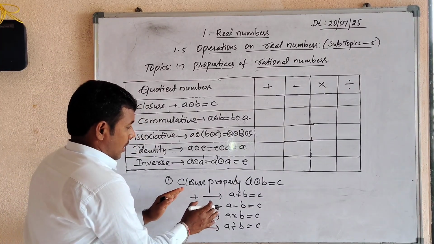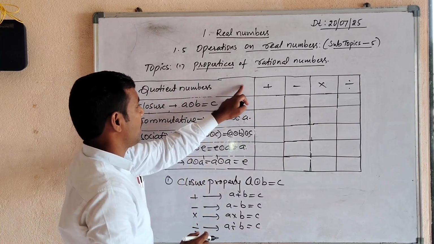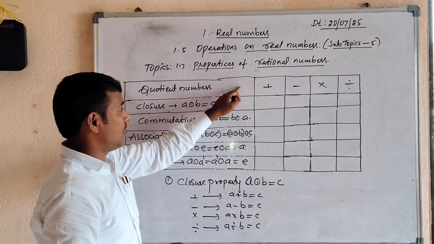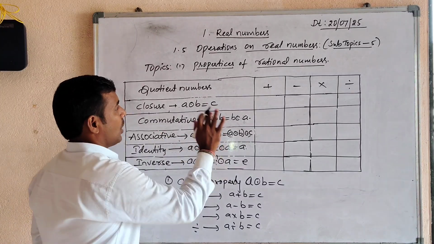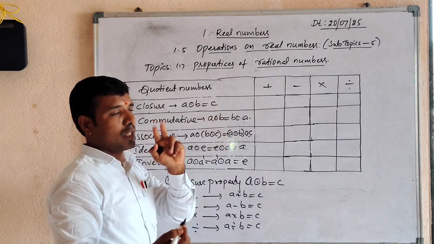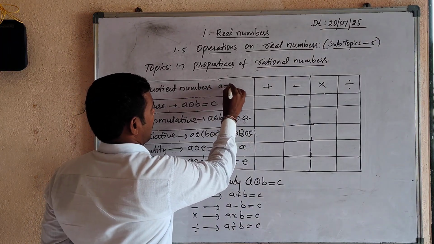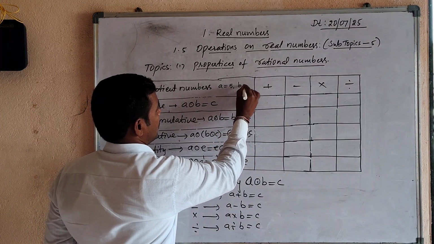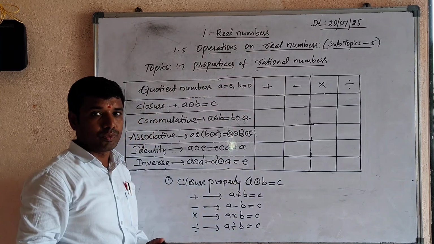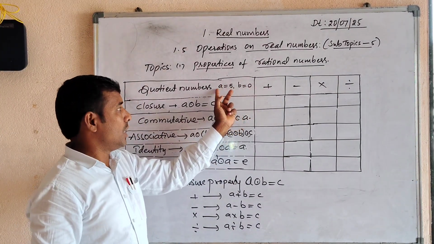Let us choose two rational numbers. I am taking A as 5 and B as 0, because both are rational numbers.